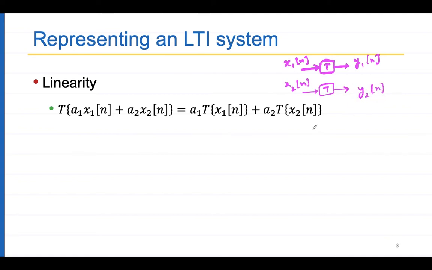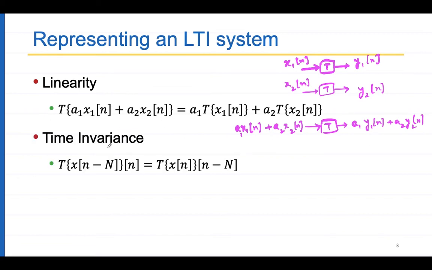Now what will happen if I pass the input a1 times x1 of n plus a2 times x2 of n? If I pass it through the system T, it could be some y3, but if it is a linear system, then it will be a1 times y1 of n plus a2 times y2 of n. This is the definition of linearity, and this is how you represent it.